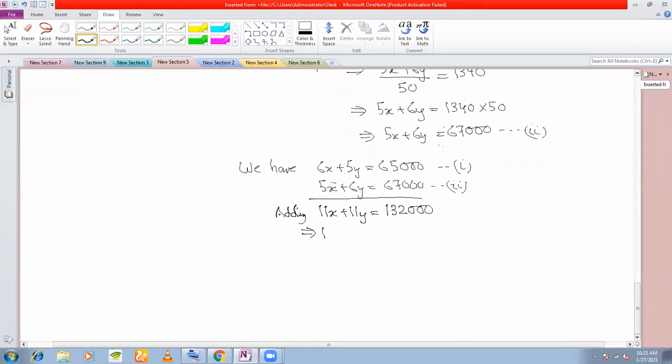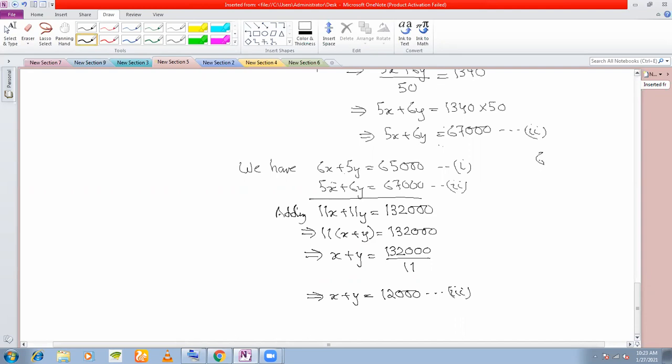That means 11 times x plus y must be equal to 132,000, that means x plus y is 132,000 divided by 11, which is 12,000. Let us call this equation number 3.